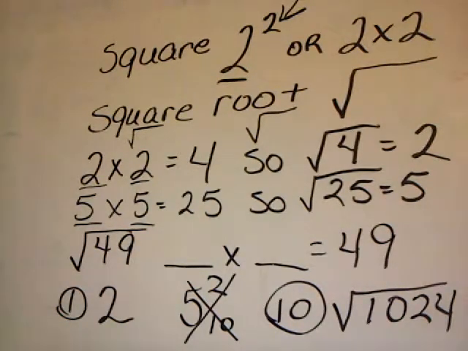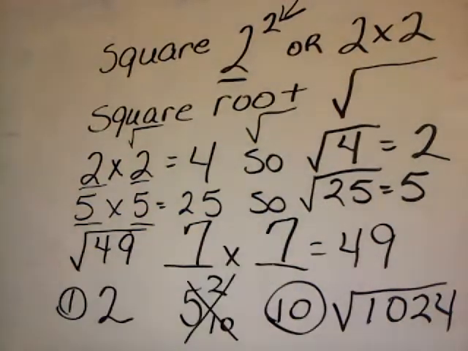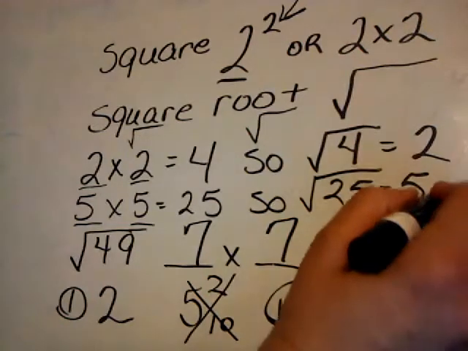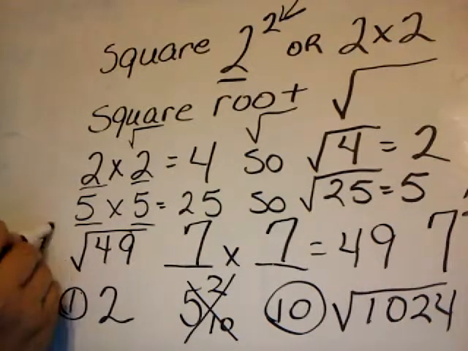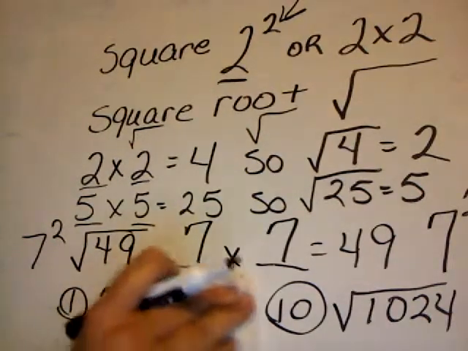And if you look at your perfect square root chart, you will see it says that the square root of 49 is 7. So 7 times 7 is 49. Or 7 squared is 49. Let's move that over where we can see. 7 squared is 49.